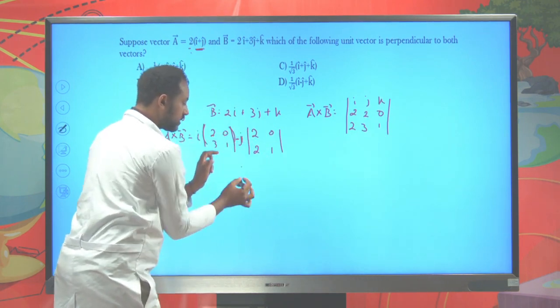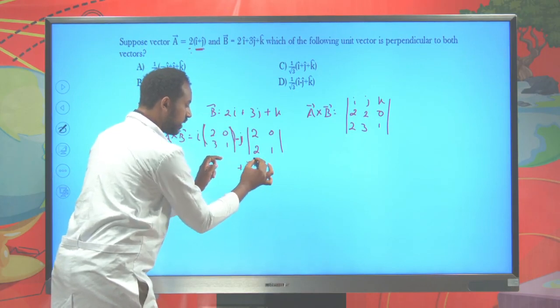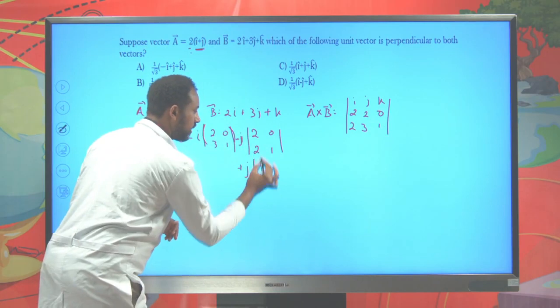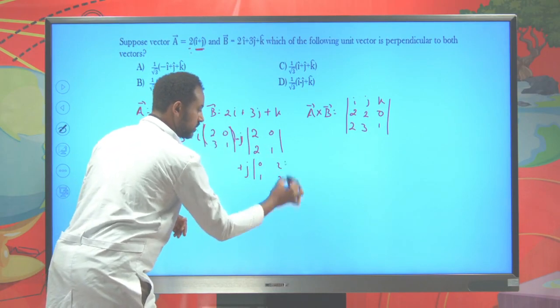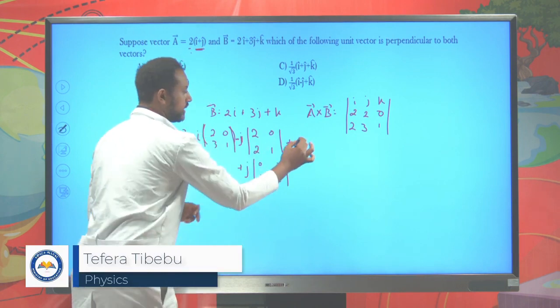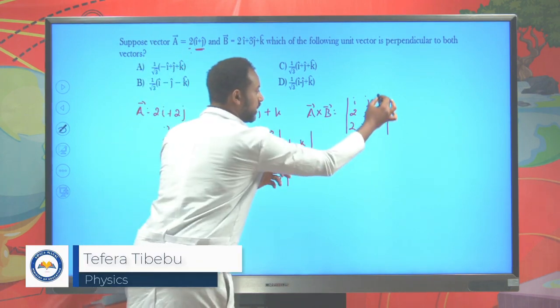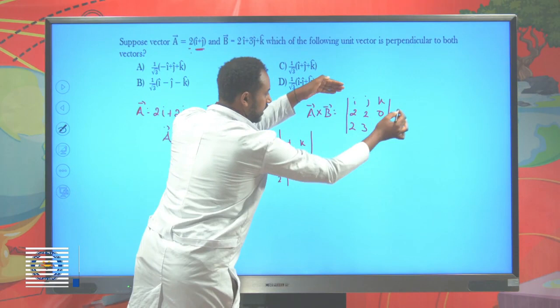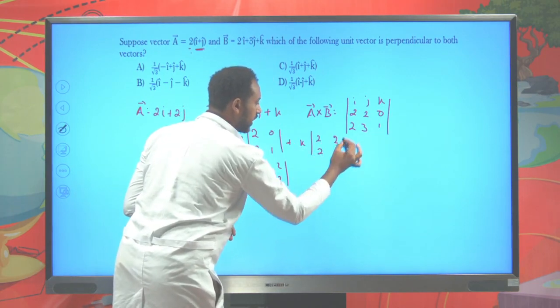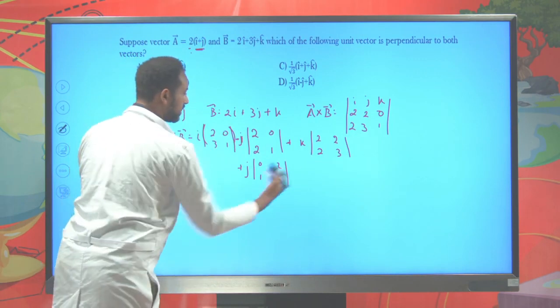Some books use plus j; if so, you have to put k first: 0, 1, and 2, 2. The usual technique is to use minus. And for the k component, you eliminate the row and column of k. You find it to be 2, 2, and 2, 3. The rest remains the same.